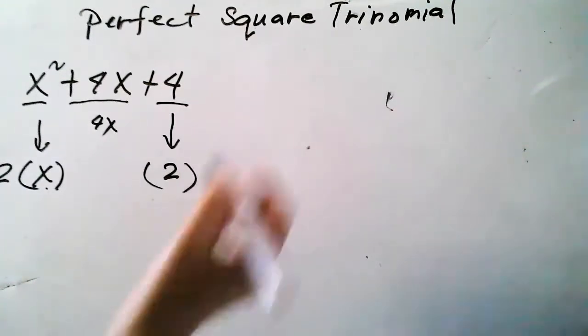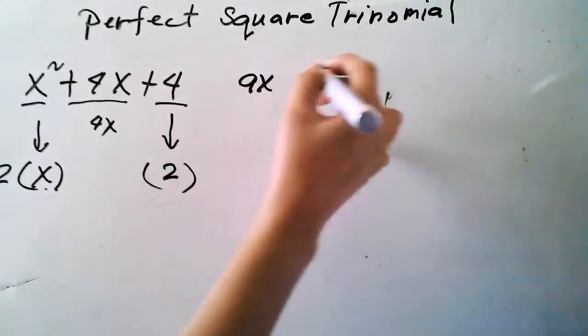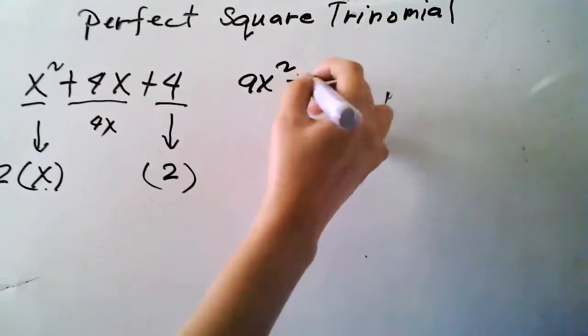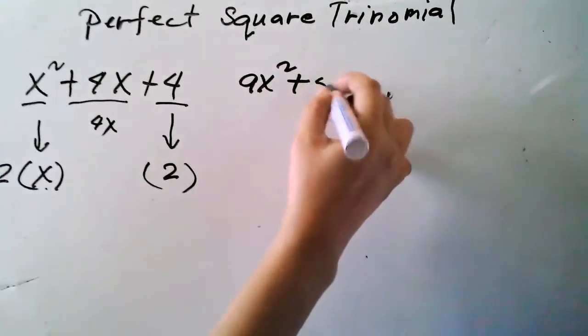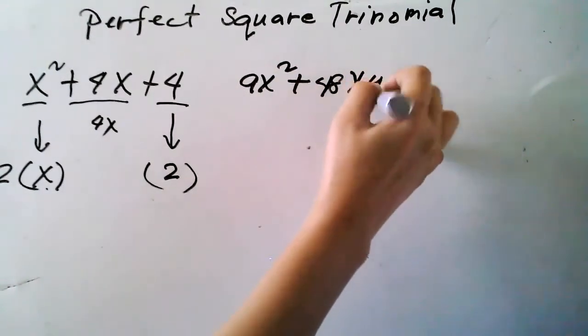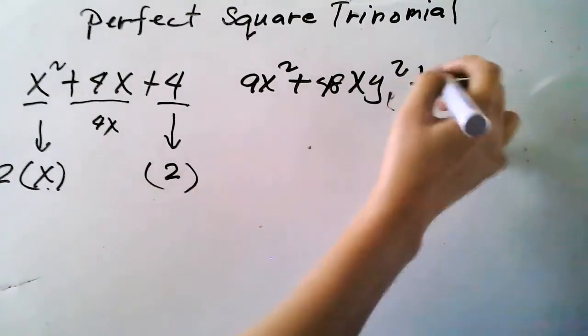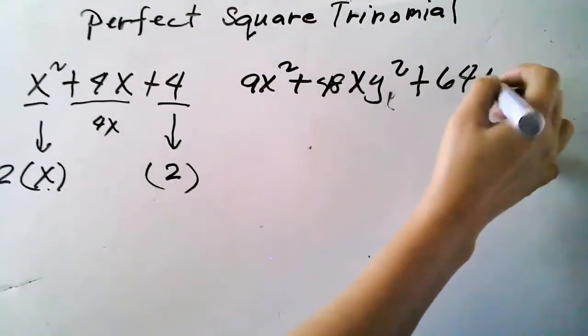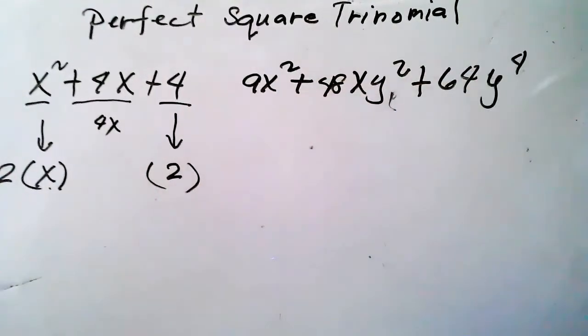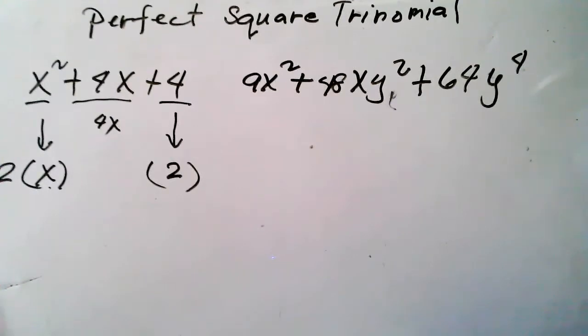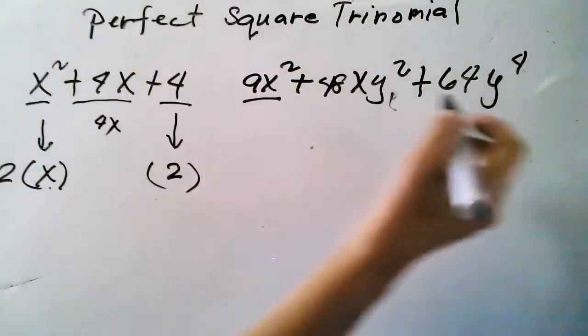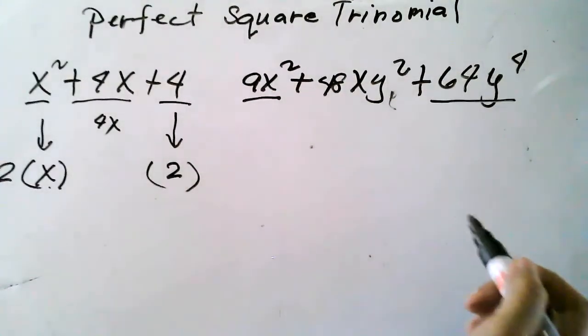Another example would be 9x squared plus 48xy squared plus 64y to the 4th. So first, we need to verify if the first term and the last term are perfect squares.